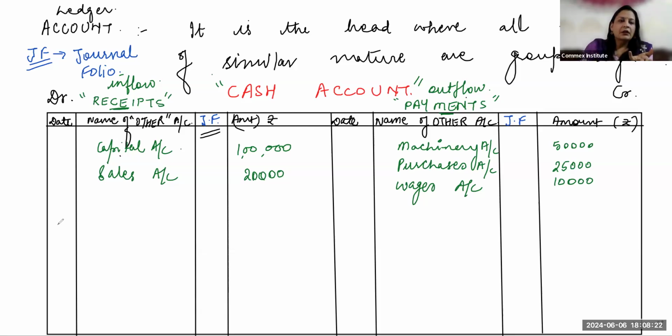Okay. Now, suppose I sold... The next transaction is Ashmit.